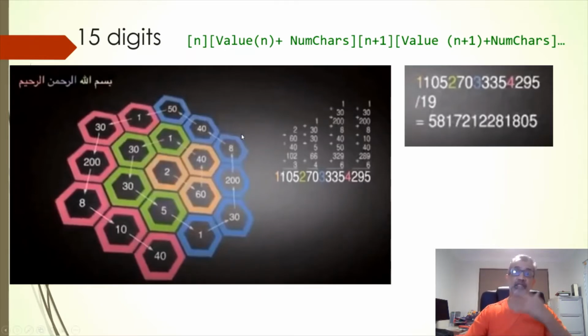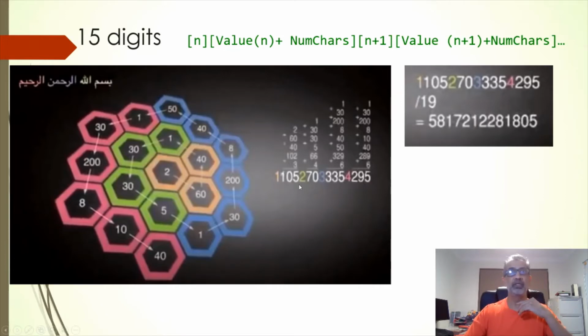Over here now it starts to get a little bit more complex. So, 15-digit numbers. Again, it says, okay, the first word, what's its geometrical value? 105, right? And then he puts a second word, what's its geometrical value? In this case, he also tags on the value of the previous one. 66 is the value of this one, and he adds in the value of the characters that are in there.